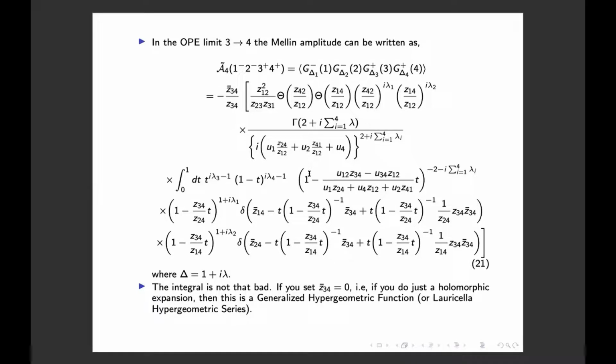Once you set all the u's to 0, this amplitude will simply blow up. So that's why at this stage we need the u's.